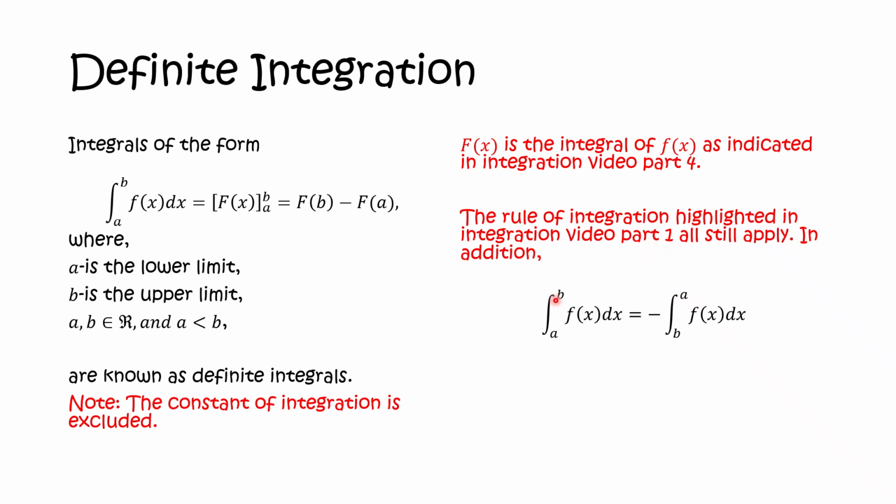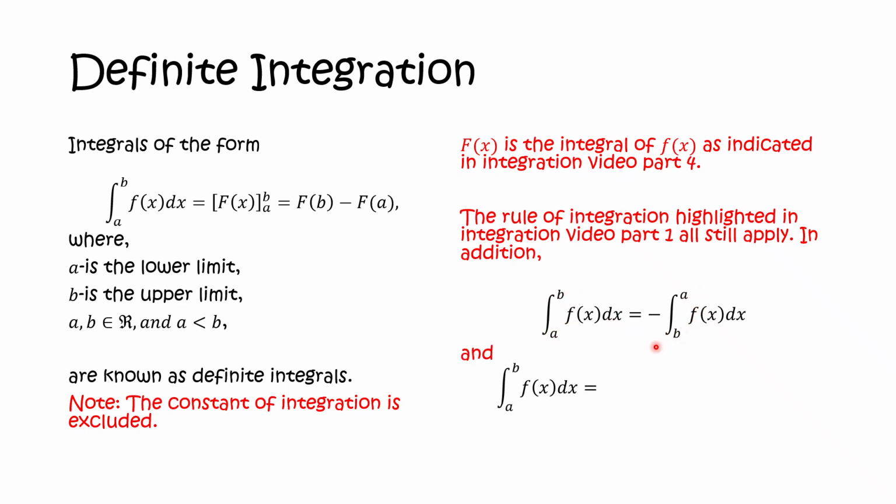the integral from a to b of f of x is equal to the negative of the integral from b to a of f of x dx. That is to say, we are going to find a value that would be the negative of the interchanged a and b values.